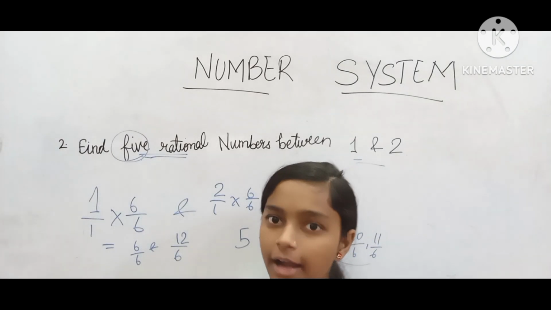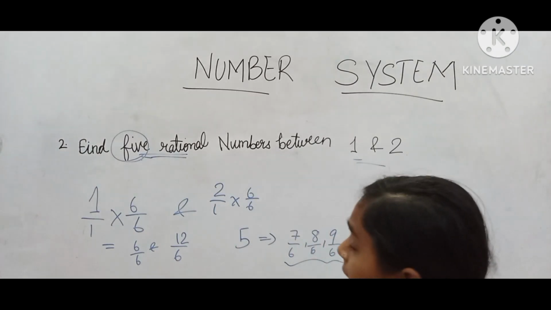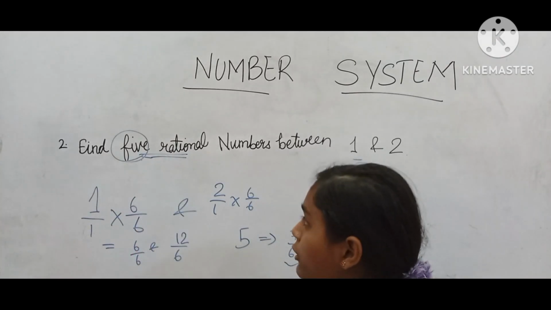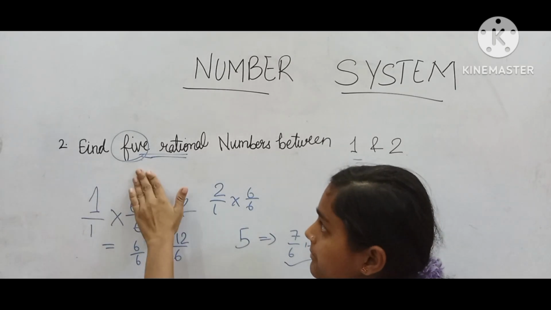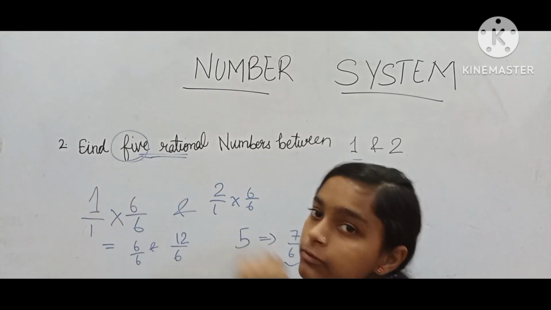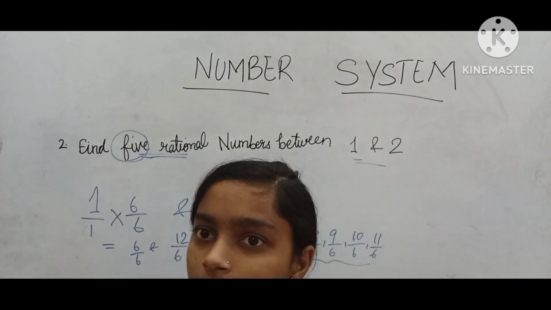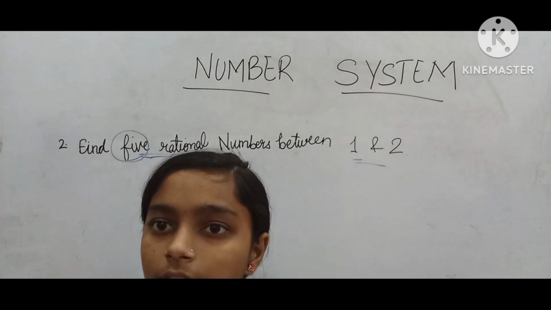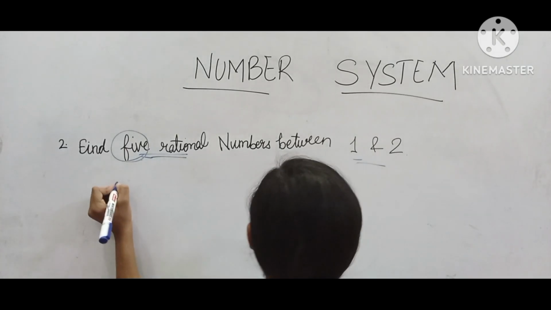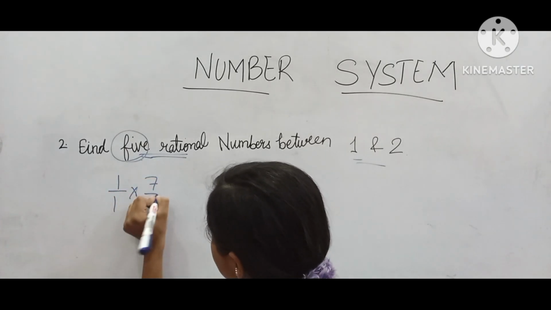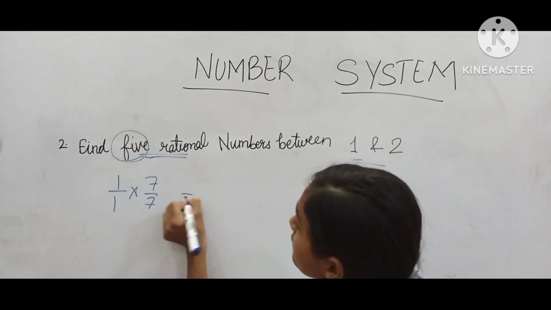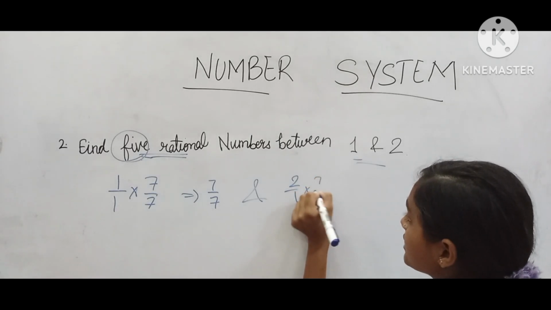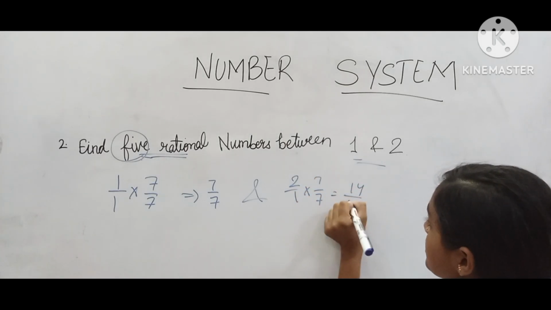Now you can also try it in some other way, like you can multiply it with 7 and then get 6 rational numbers. All we need to know is that you cannot multiply it with a number less than or equal to 5. Now let's do another trick. We'll multiply it with 7 and see if we get 5 rational numbers. So here we have 1 by 1 into 7 by 7, which gives 7 by 7, and 2 by 1 into 7 by 7, which is 14 by 7.